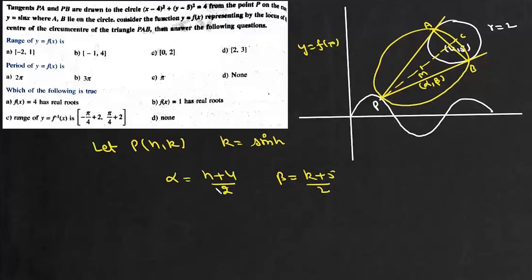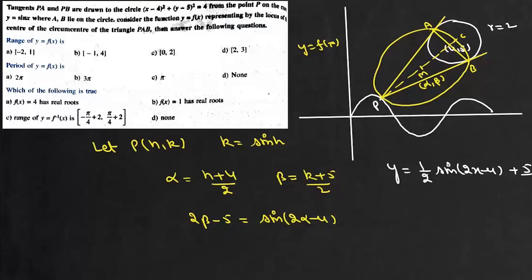Now what we'll do is we'll put the value of h and k in this equation. So this k will be 2 beta minus 5 and it will be equal to sine 2 alpha minus 4. So the required locus of the circumcenter will be y equals 1 by 2 sine 2x minus 4 plus 5 by 2. So that's your curve y equals fx.